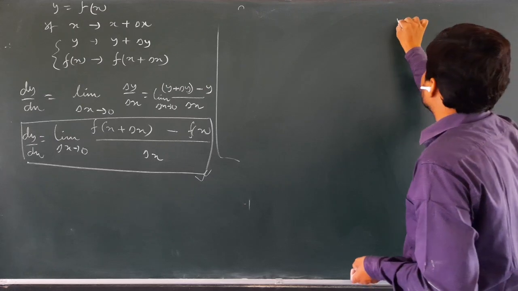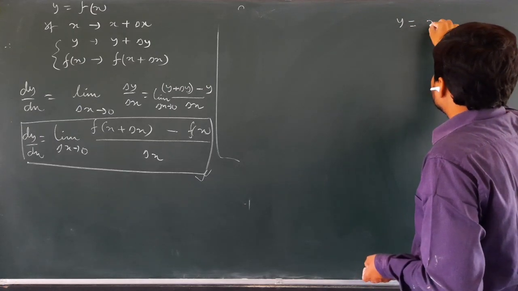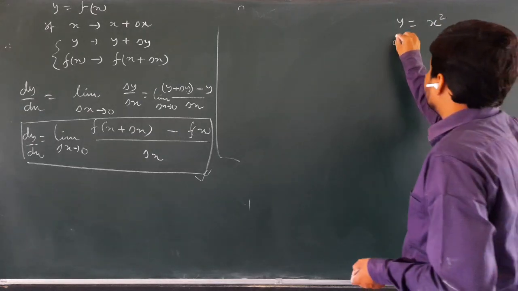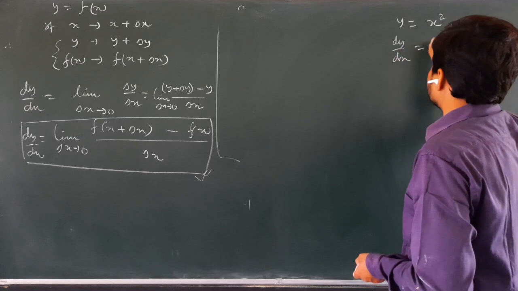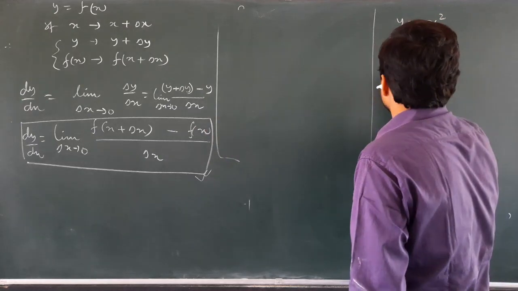Suppose I have an equation y is equal to x square. I have to find dy by dx. This is the question, so we will use this formula.